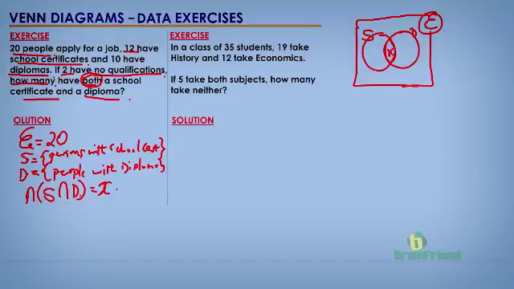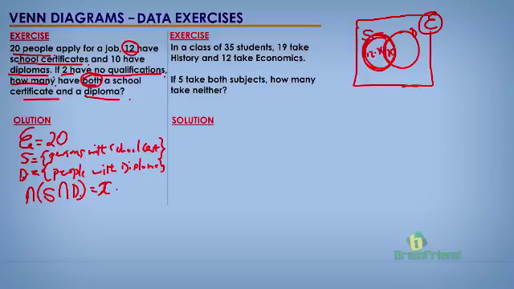Also, our set S we have gotten from our question is 12. That is, 12 people have school certificates. It means that all the region under consideration as our set S is 12. It also means that this region here would be 12 minus X.